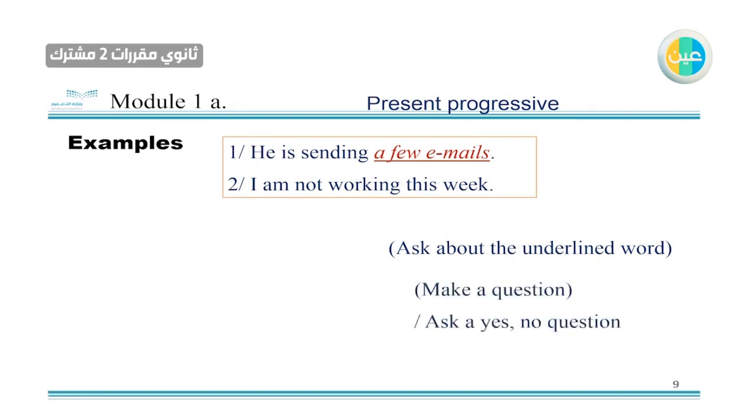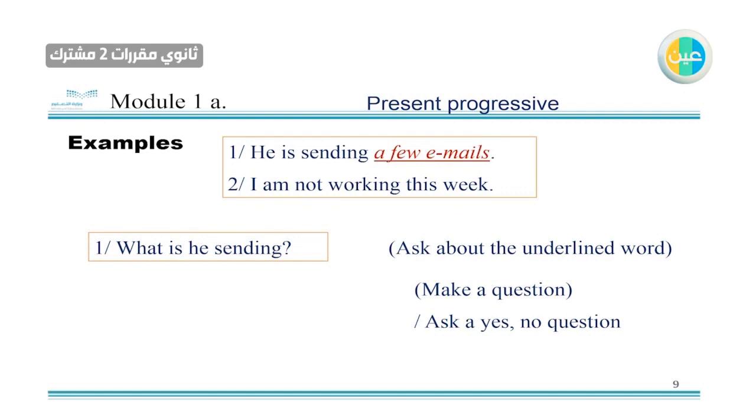Because I'm asking about emails, it's going to be "what," and then you switch the subject and verb to verb and subject. The form of the question is the verb, then the subject, and then the completion of the sentence. So, what is he sending?